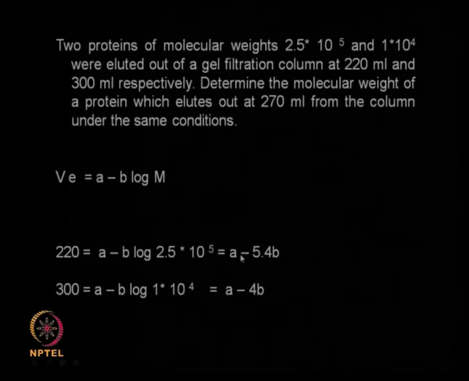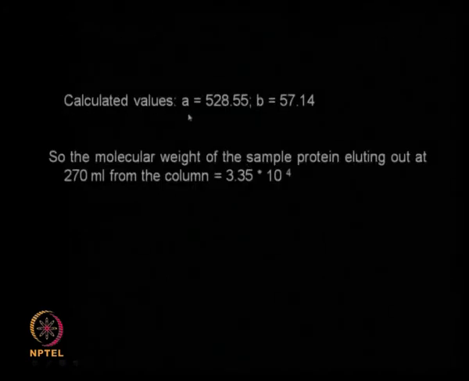We can calculate A and B. Once you have calculated A and B, for an unknown protein we know the elution volume VE, so we substitute and we can calculate the molecular weight of the unknown protein. So it is very straightforward. So the values for A and B are given. So the molecular weight of the sample protein which is eluting out at 270 ml is 3.35 into 10 power 4.